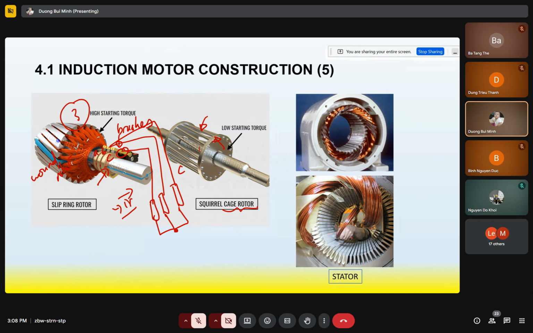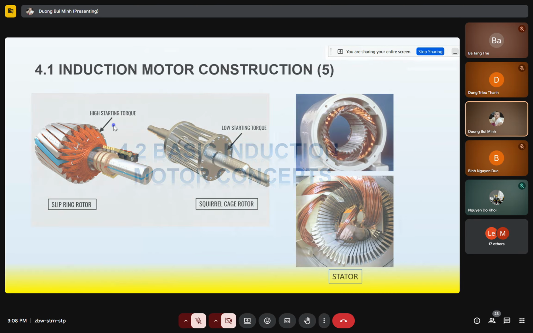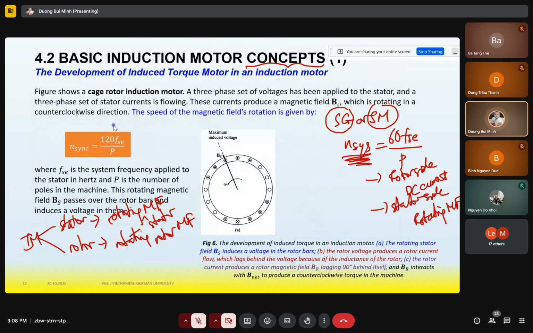This is a three phase rotor winding, so it automatically generates a rotating magnetic field. So for induction motors, we have a rotating stator magnetic field and a rotating rotor magnetic field.